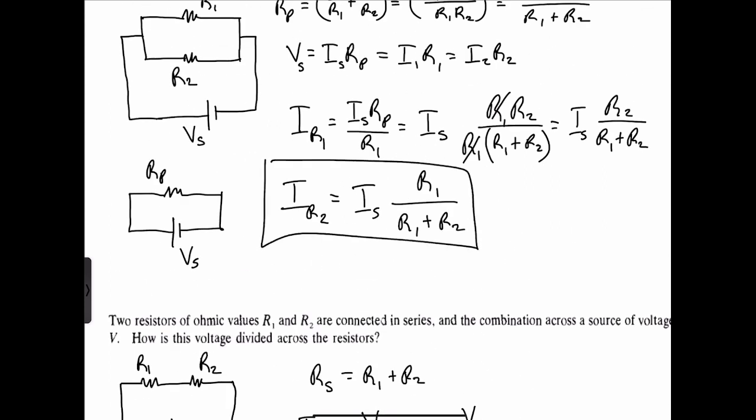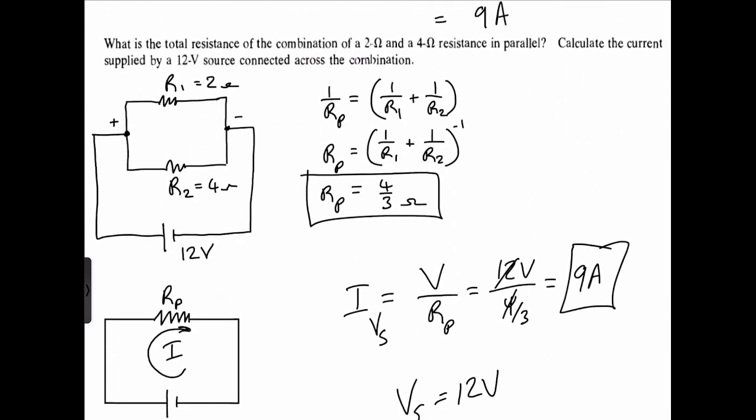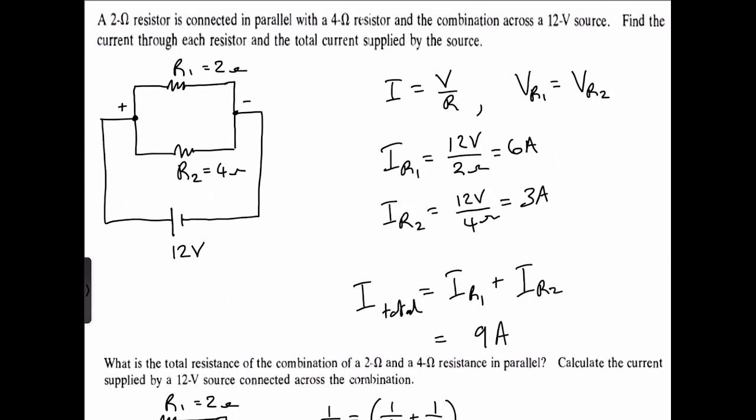So now that we have both formulas, we can go ahead and apply it and see what the current and the voltage come out to. In the parallel circuit here, instead of using this formula, in this case 12 volts over 2 ohms, we could just say that the current through R1 is going to equal the current from the source.